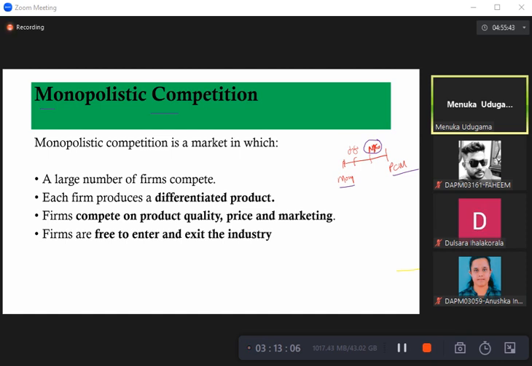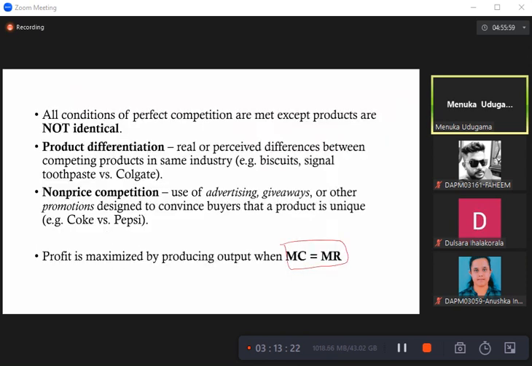Because there are a large number of firms, there are lots of substitutes in this type of market, right? So all conditions of perfect competition are met except that products are not identical.